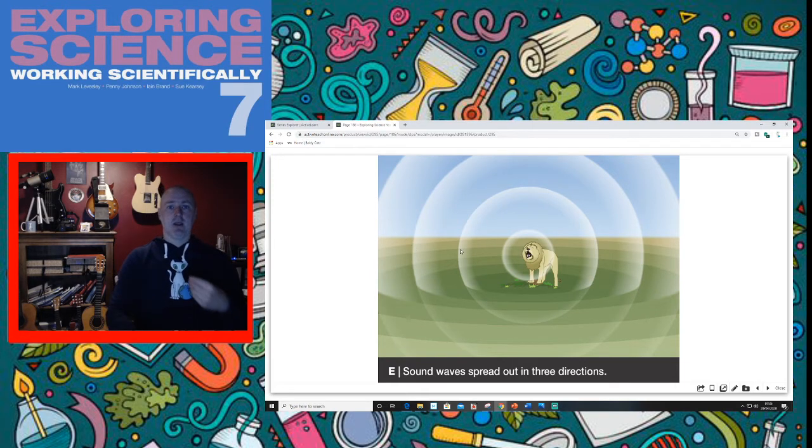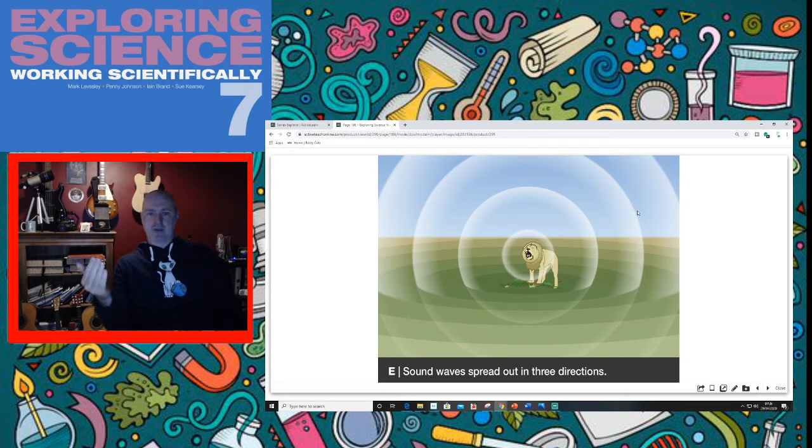These represent the wavelength of the wave, or the distance between the compressions. Think of it that way. So if you imagine this line here as being a compression, here's the next one, here's the next one, here's the next one, and that distance will stay the same.